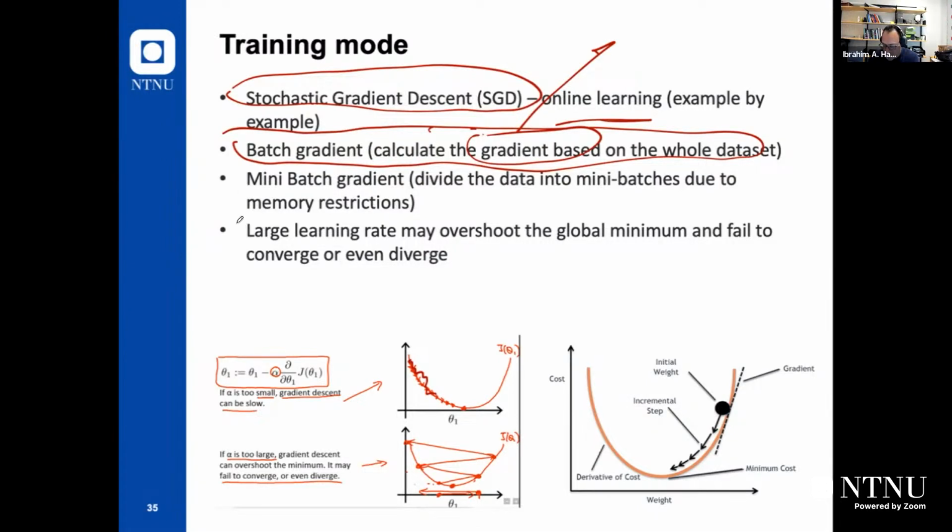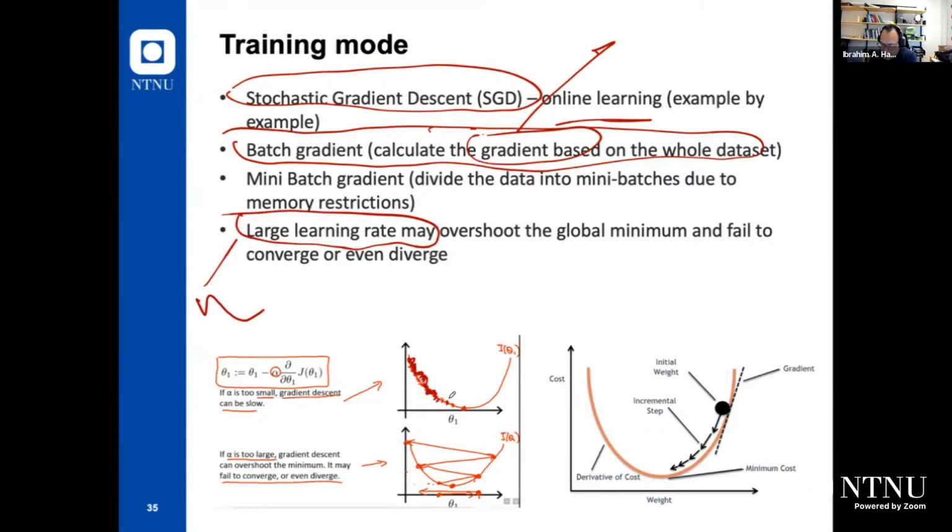We mentioned last time, a few slides ago, the large learning rate, which is eta. If this eta is very large, it may overshoot the global minimum and fail to converge, or even diverge, right? Here in this example, we have a convex function, and eta is very small. So in this case, you will go slowly, step by step.